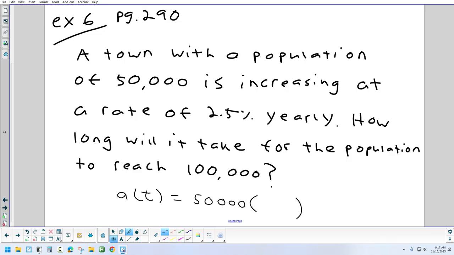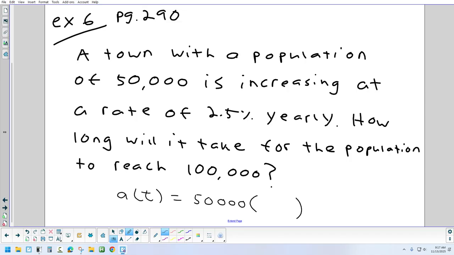Times. And what's the expression that goes inside the parentheses in an exponential growth formula? You don't have to fill in our specific value yet. I just want to know what in general is there, and then we'll fill something in. It's not going to be a 2 because the population is not doubling every year.